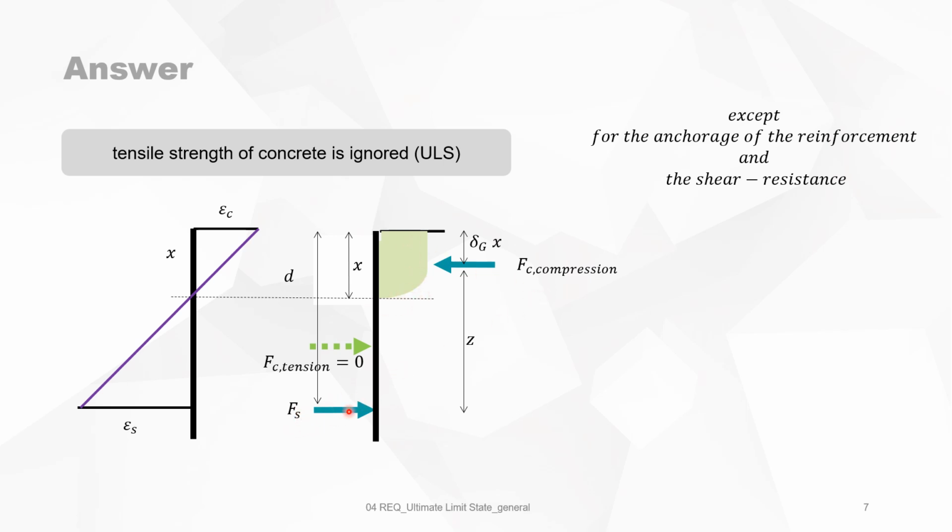The blue one is the total force in the reinforcement. And you see that in ULS we do not count on the force of tension in the concrete, otherwise something must appear here. So we say that below the neutral axis, the contribution of the concrete is 0.